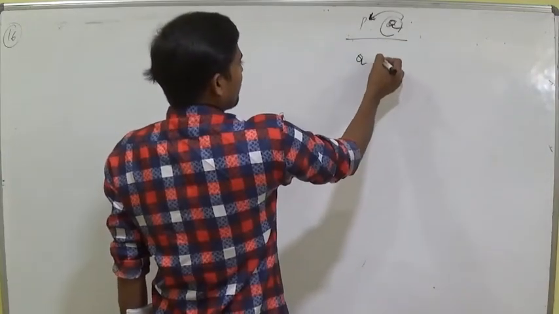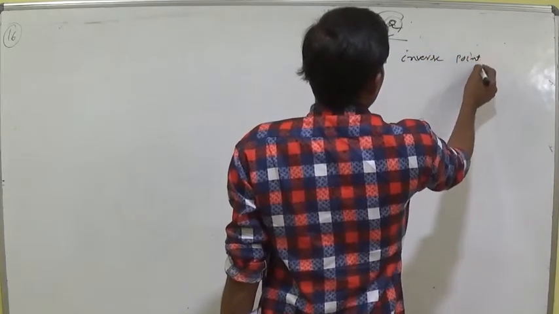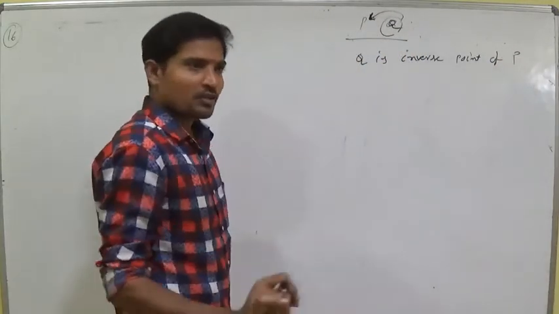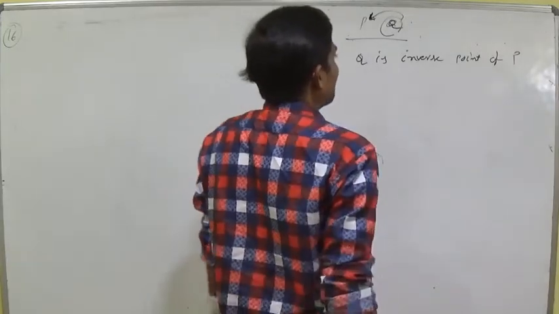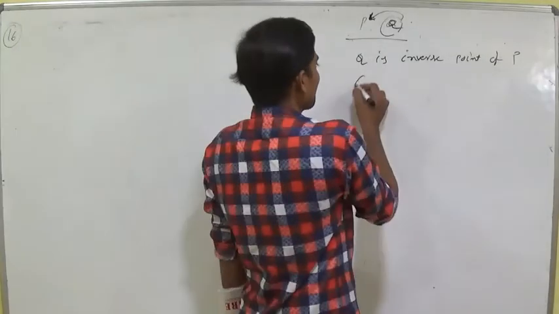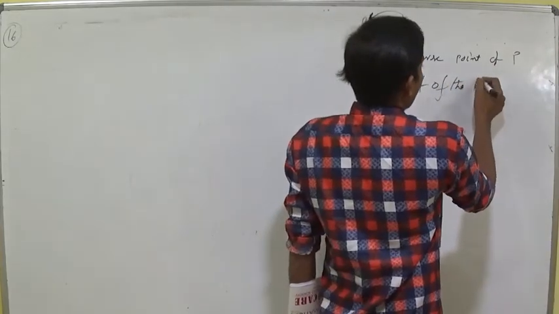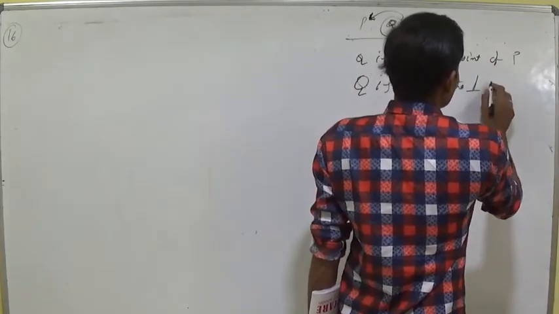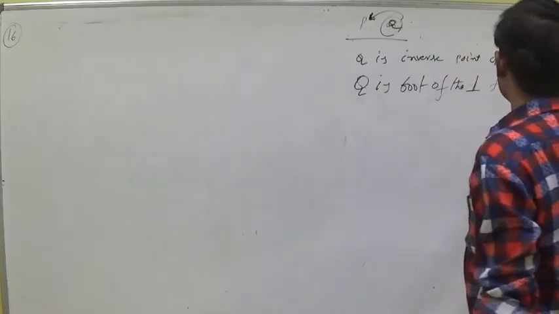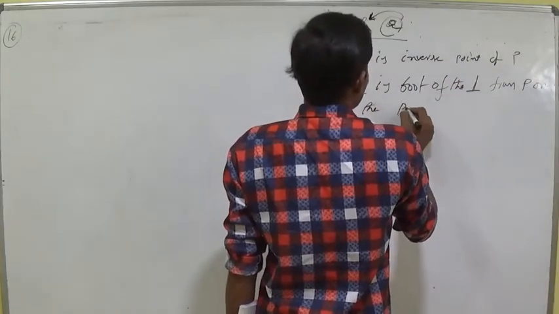Suppose Q is the inverse point of P. Then Q is the foot of the perpendicular from P on the polar.